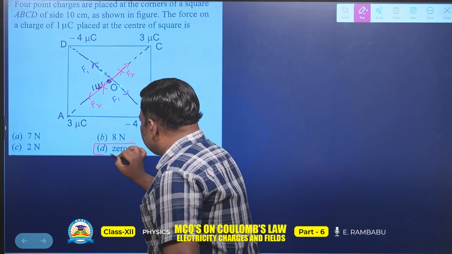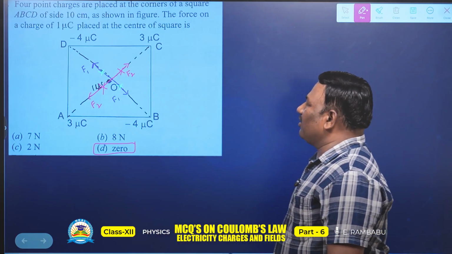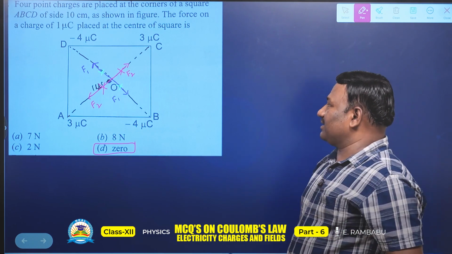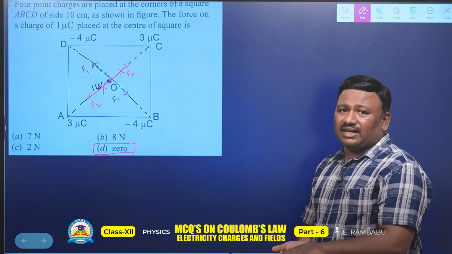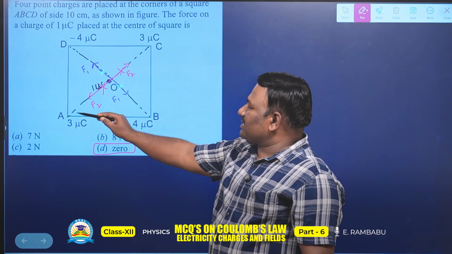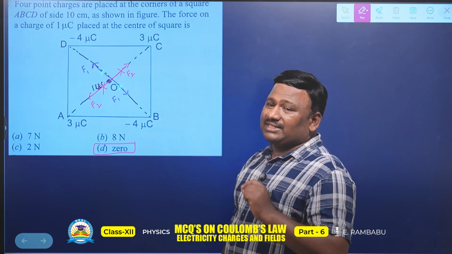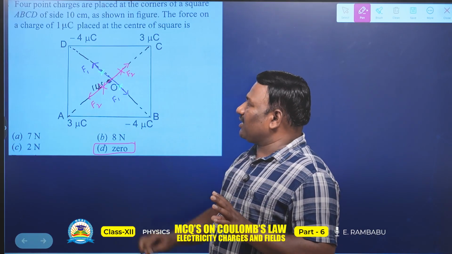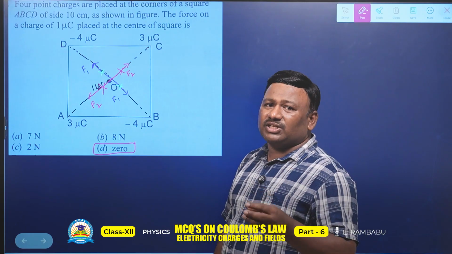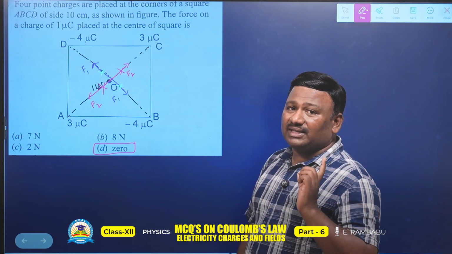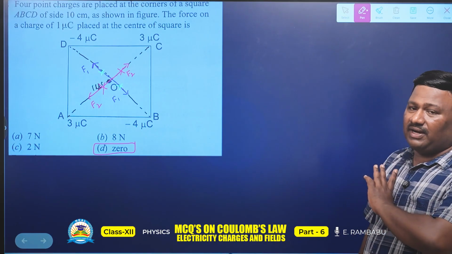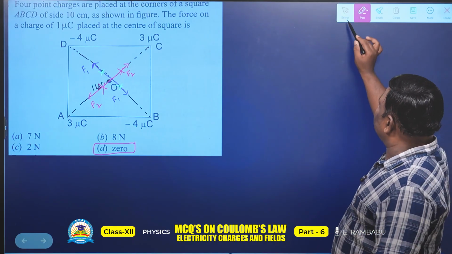So the final answer is that the net force acting on the charge is 0. This is called a symmetric structure. Later we will also discuss it in the electric field, but learn that whenever equal charges are placed at opposite corners, the net force and net field become 0. How it is, we will discuss again in the electric field with examples.